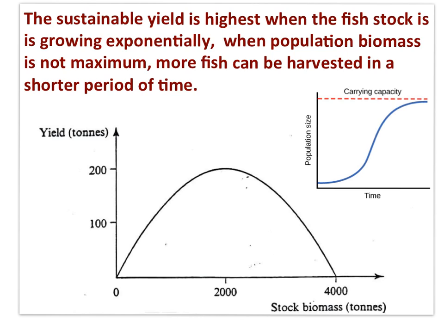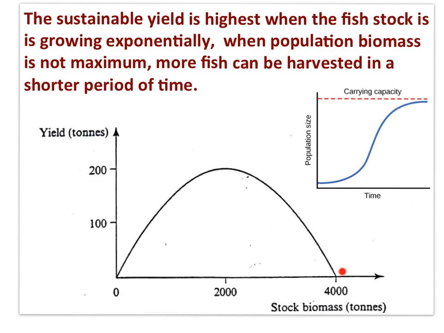Now pay close attention to this graph because this graph displays sustainable yield on the y-axis over stock size on the x-axis. Harvesting when the stock is small, corresponding to this part of the S-shaped growth curve, results in very small yields because there are so few fish to catch.